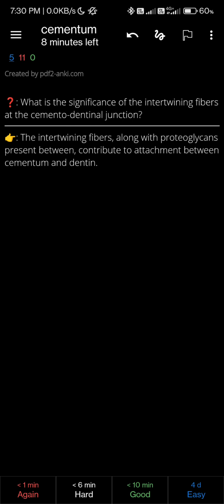The intertwining fibers, along with the proteoglycans present in between, contribute to attachment between cementum and dentin.